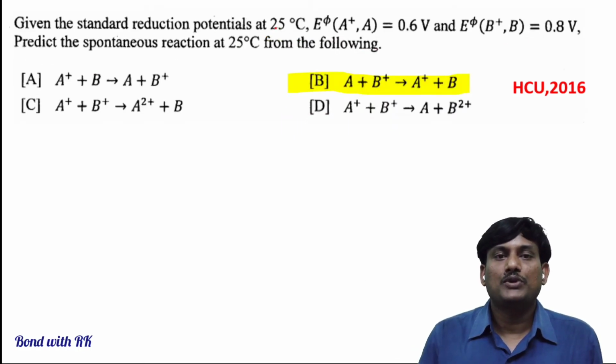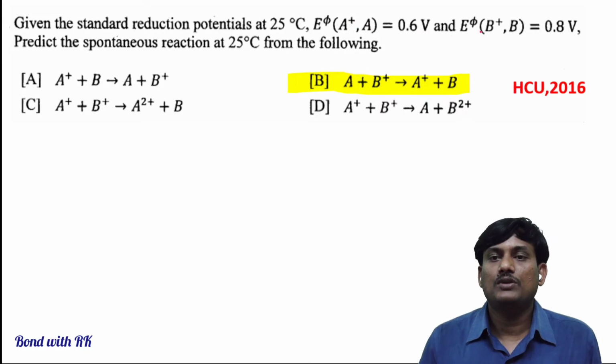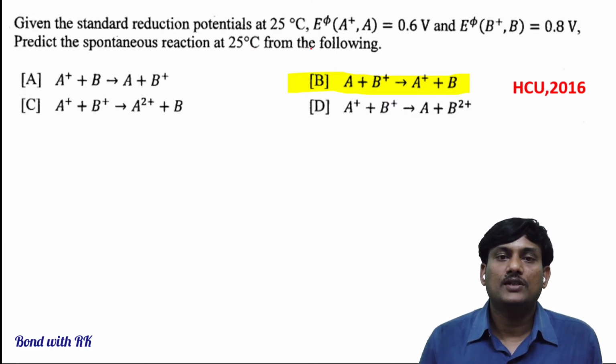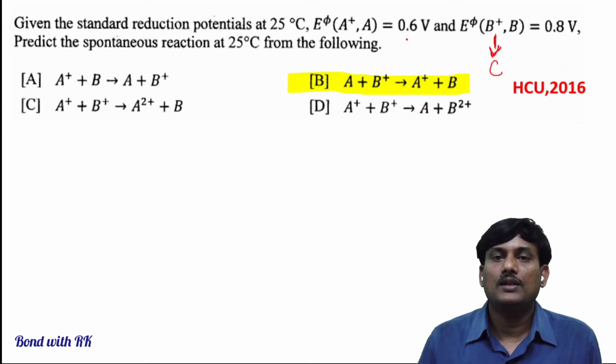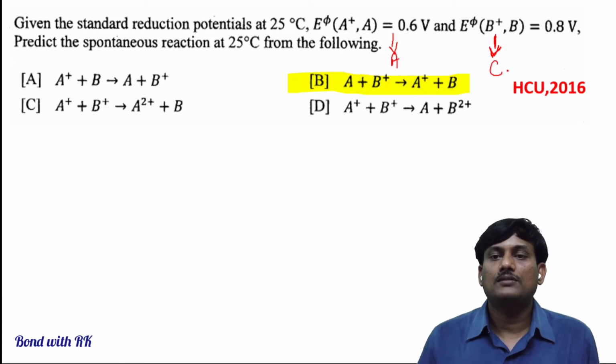Given the standard reduction potentials at 25 degrees centigrade, E naught A plus A is 0.6 volt and E naught B plus B is 0.8 volt. Predict the spontaneous reaction at 25 degrees centigrade from the following. The more the reduction potential, the more it can act as cathode, and the less reduction potential can act as anode. At cathode there is a reduction.